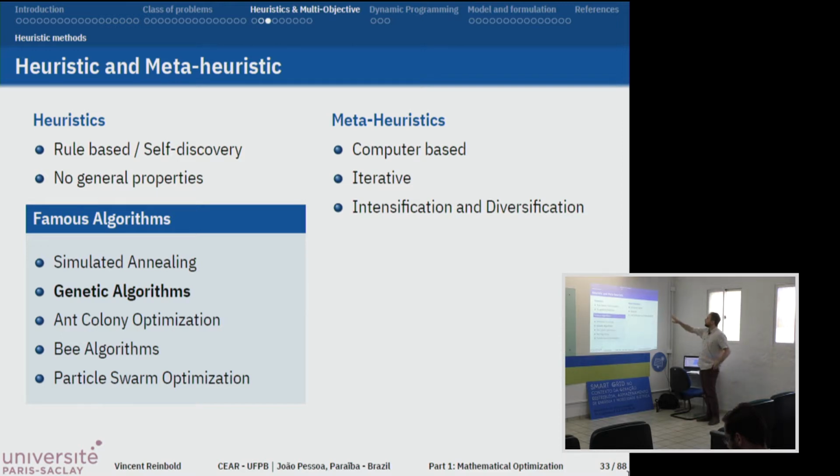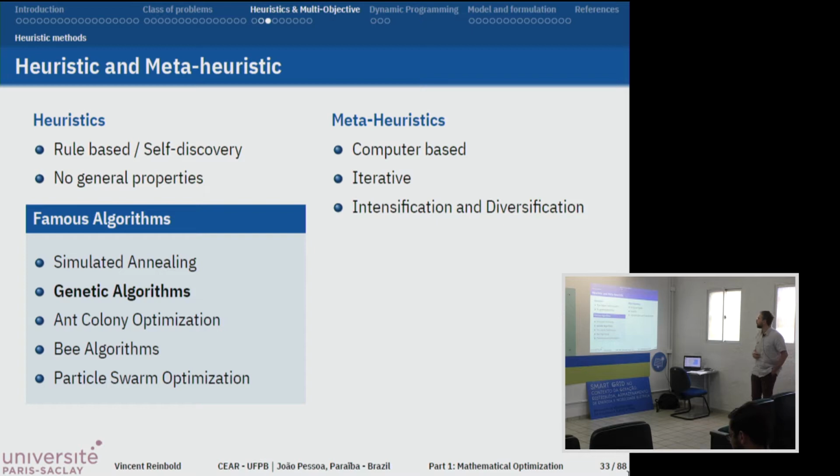We usually call meta-heuristics some techniques that are the same. Okay, this is the same idea, but usually a little bit more complex and based on computer science. Okay, this is actually techniques that we couldn't make ourselves.